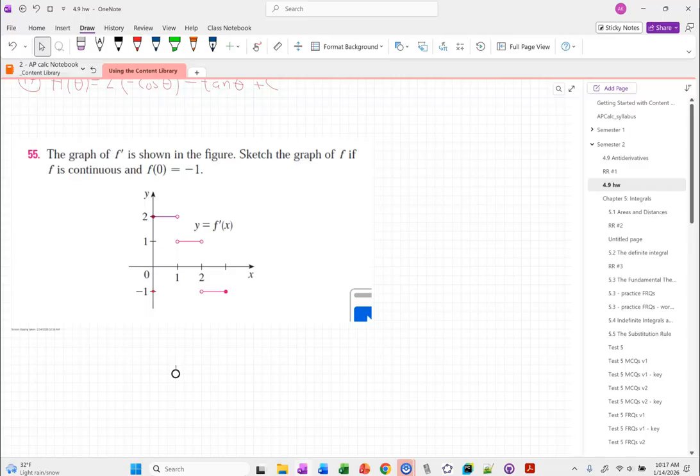From 0 to 1, what is the slope of my function? It's positive, and it's 2. Then abruptly at 1, the slope changes to 1. And then at 2, the slope changes to -1. So from 0 to 1, the slope is 2, so I go 1 over and 2 up.